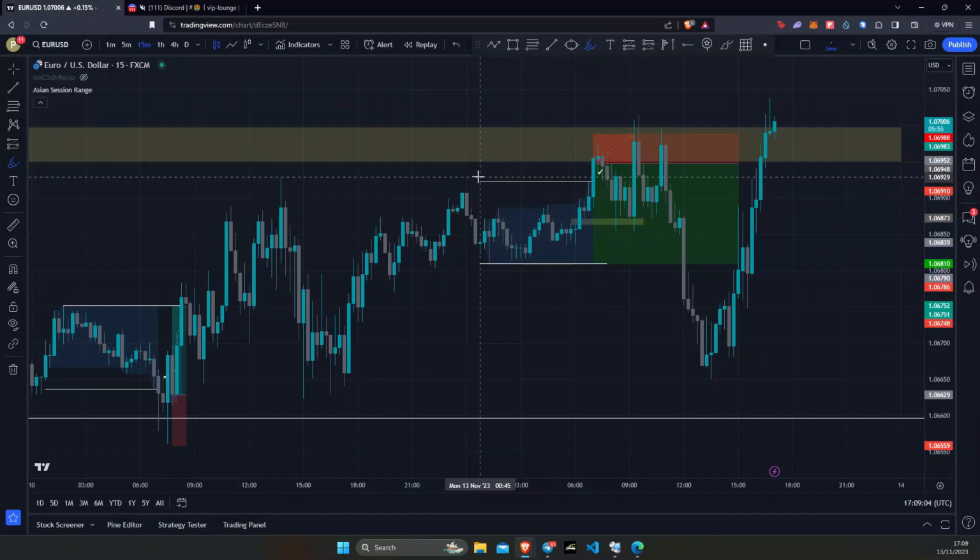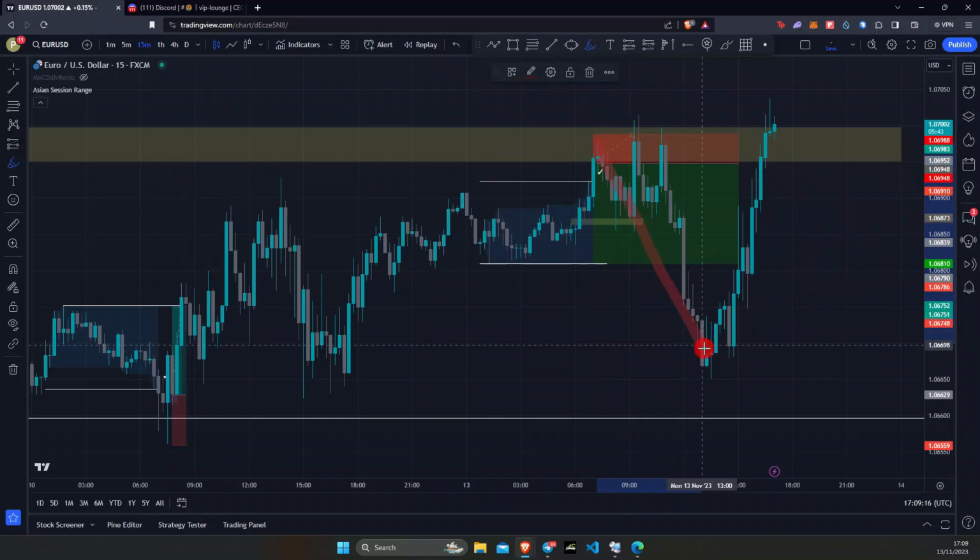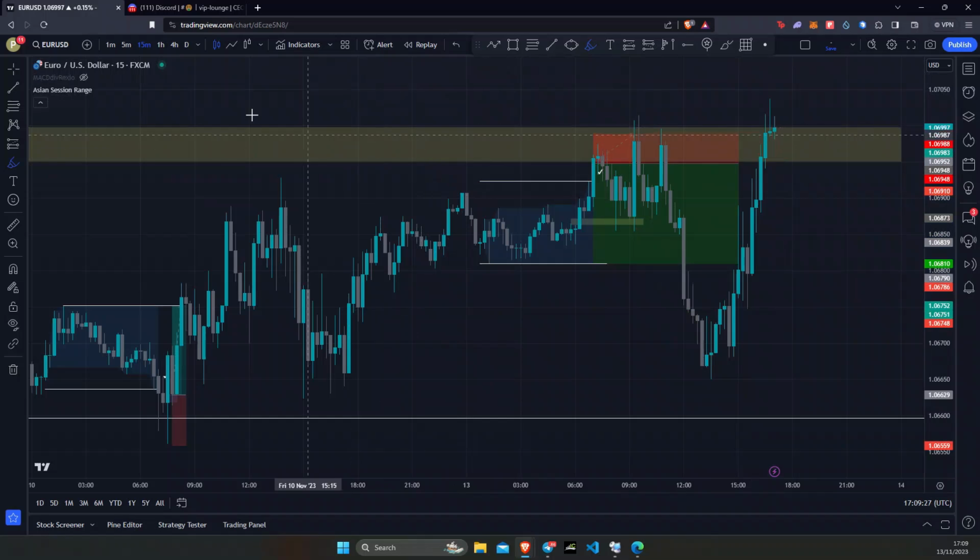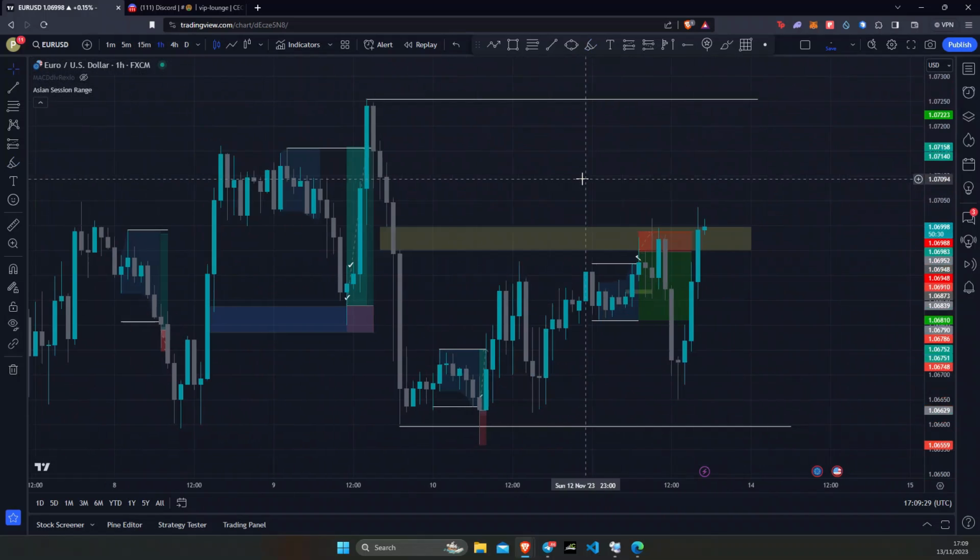So my anticipation for the London session was that at the end of the Asian session, we would actually get a sweep of the Asia highs, and then we could take that to take price lower, giving us a higher low on the 15-minute before giving us a higher high, right? So that is what my anticipation was, and that was the reason why I was looking for sells on the higher time frame, because we're inside of this bearish leg, right?